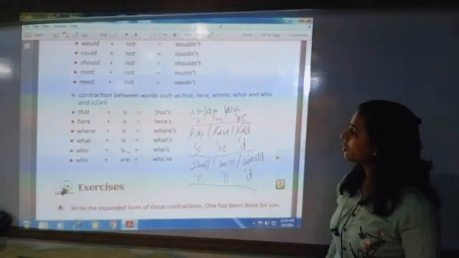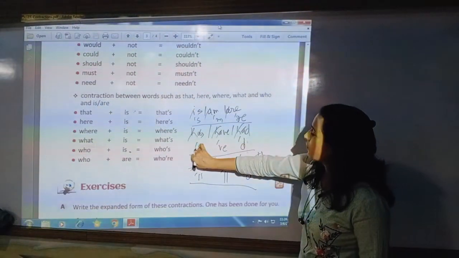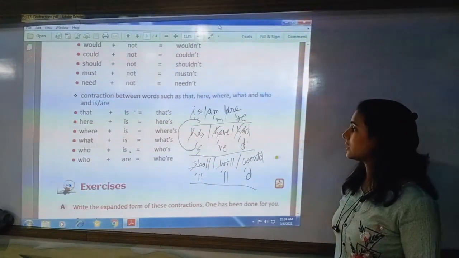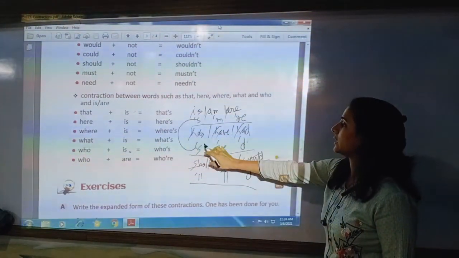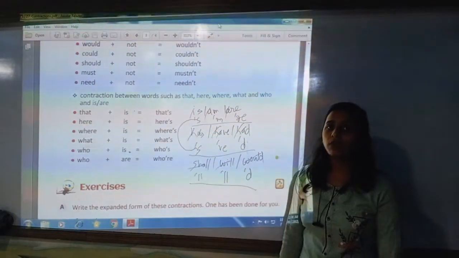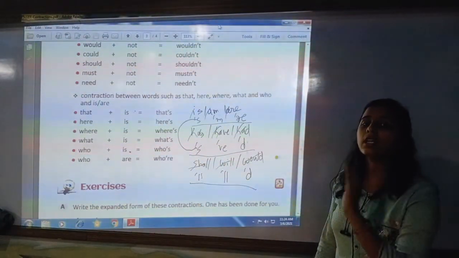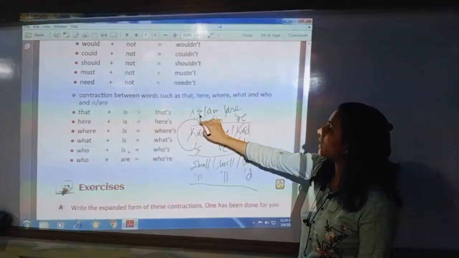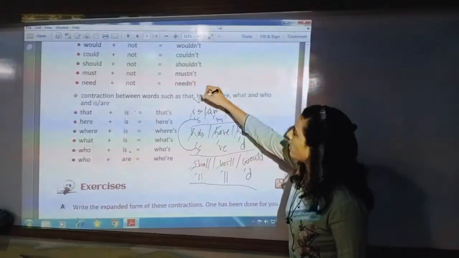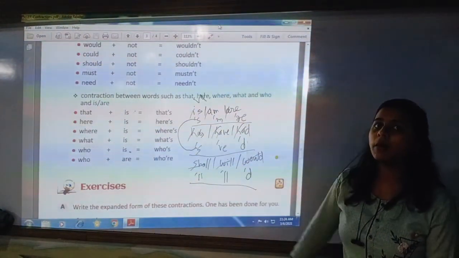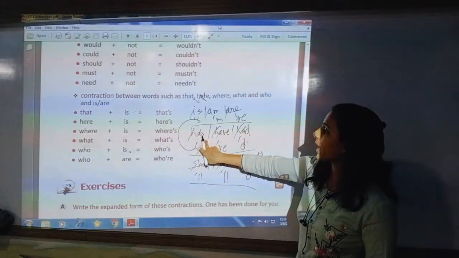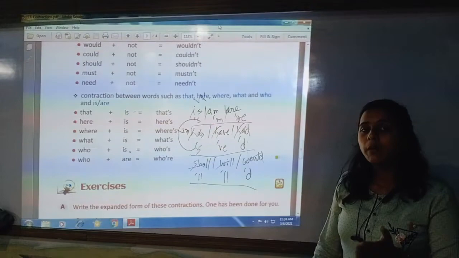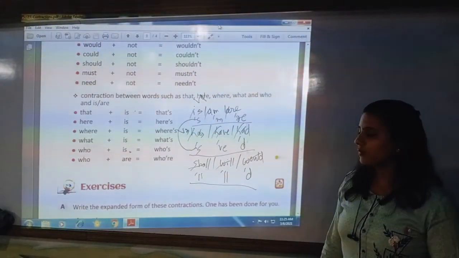Now the confusion was that for has and is, both contractions are the same, apostrophe S. So there you have to understand whether it is for is or has by understanding the verb form. If it is for is, the verb's fourth form will be used, that means the ing form. And if it is for has, the verb's third form will be used, that means the past participle form.